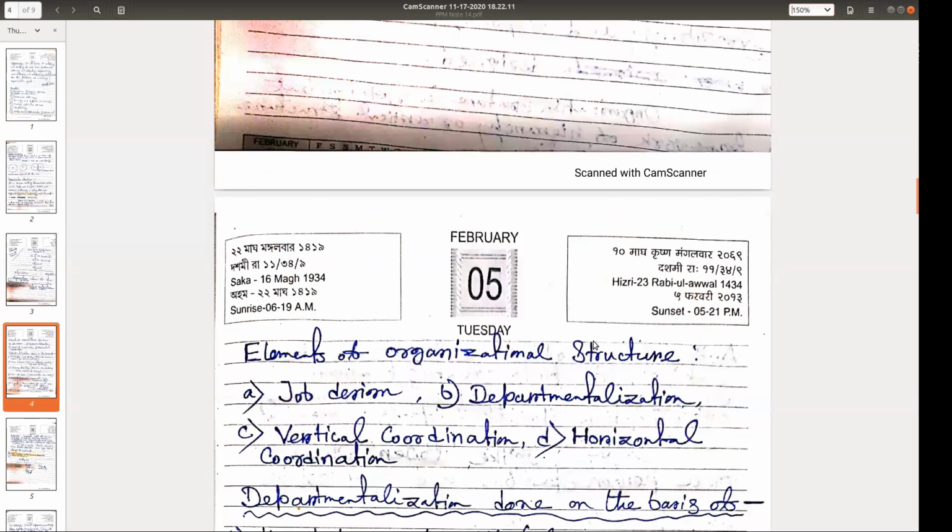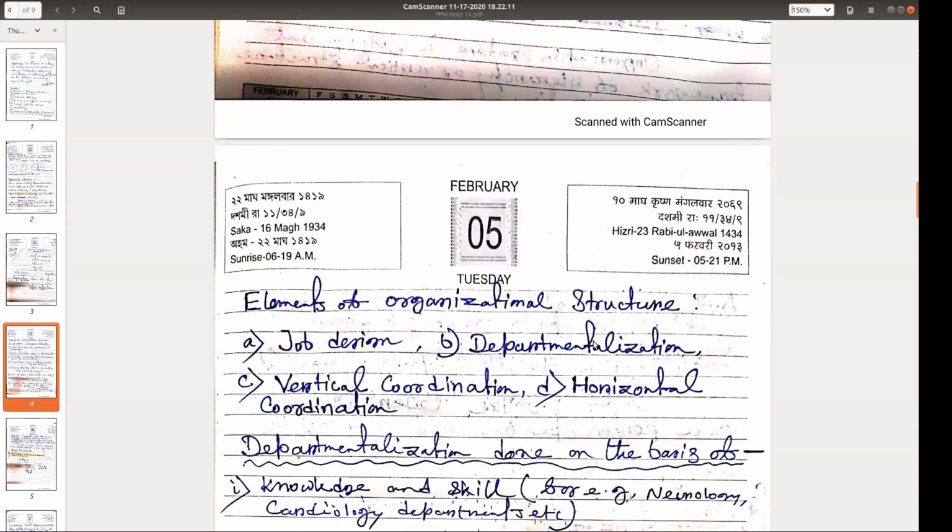So basically, if we see what the elements of organizational structure are, job design is one element. Departmentalization, that means dividing into different types of departments.